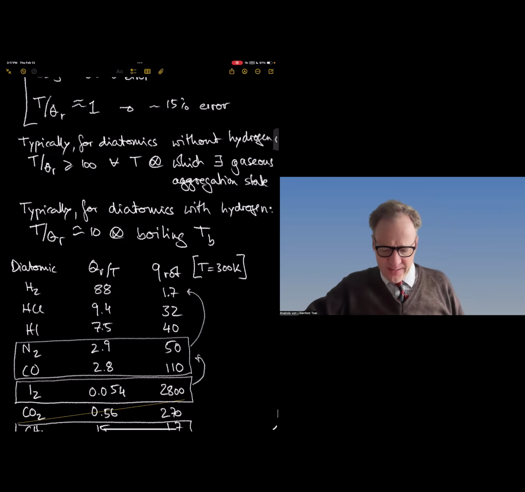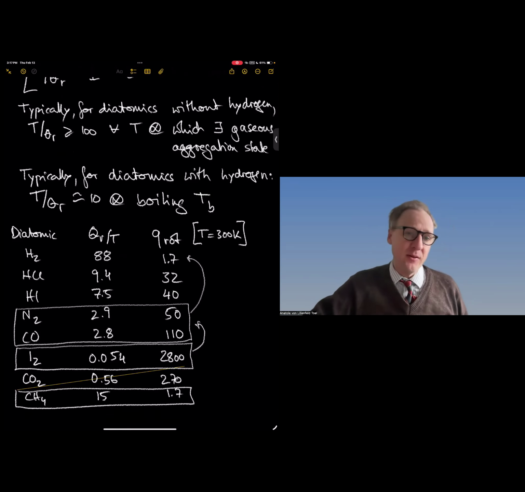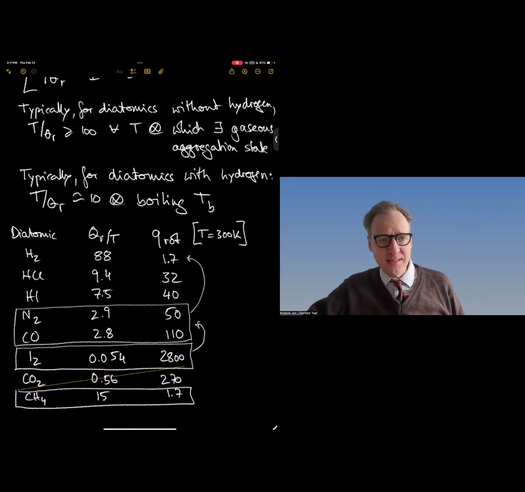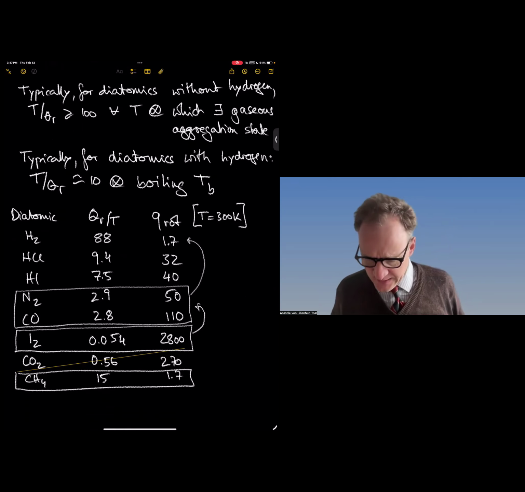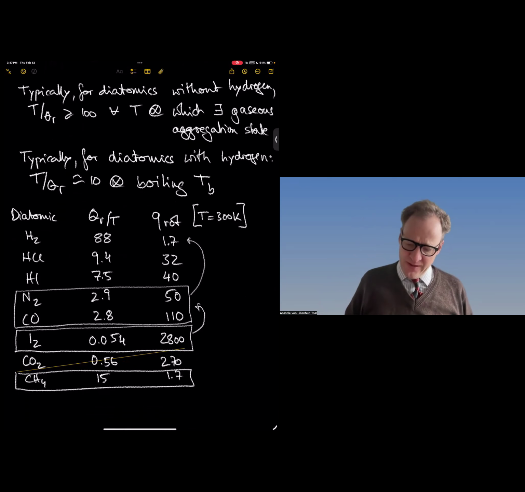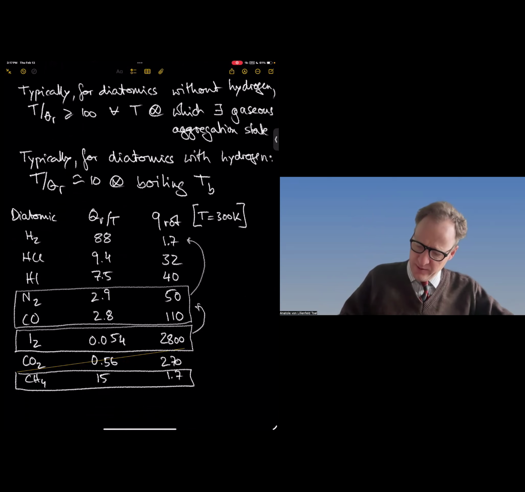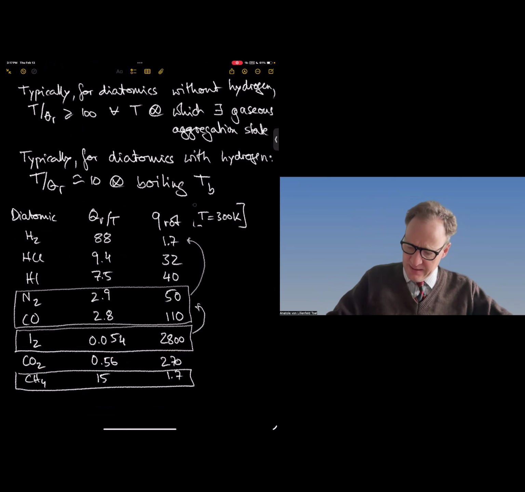So we then looked at some specific examples of a whole bunch of diatomic molecules. And we then wrote this, the Q rot at 300 Kelvin in this separate column here.